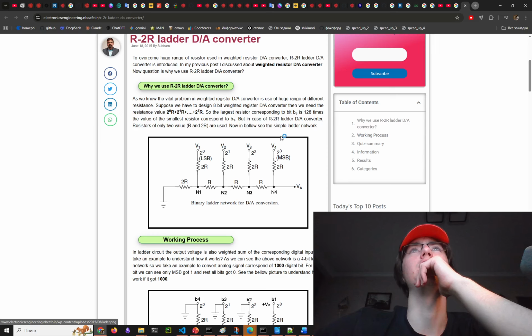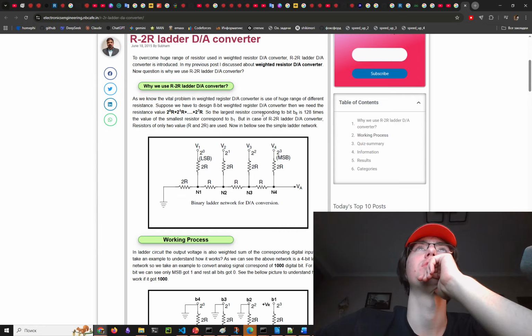So like this voltage gets 2 to the power of 3 times more resistance than this voltage. Or am I wrong?